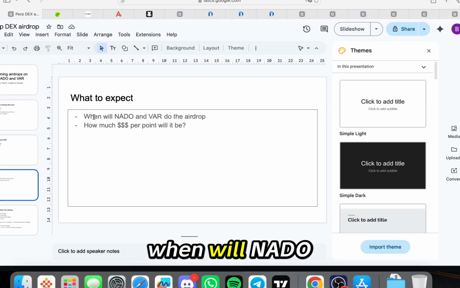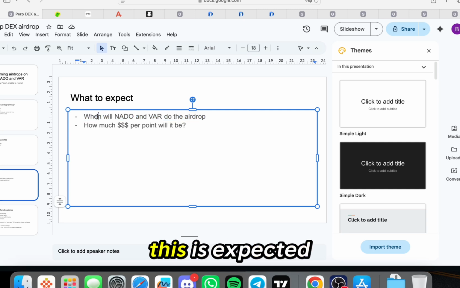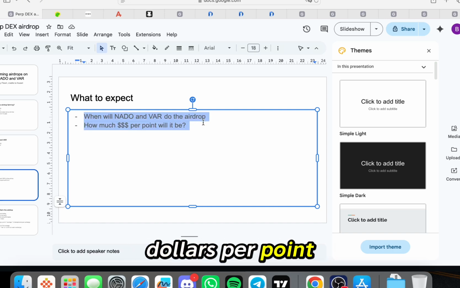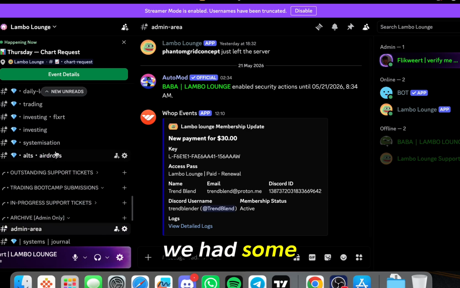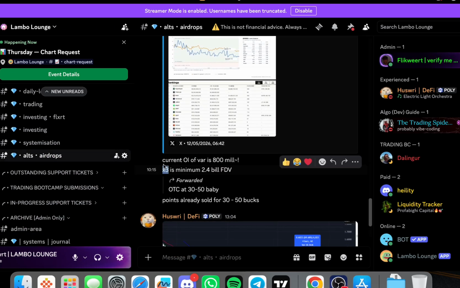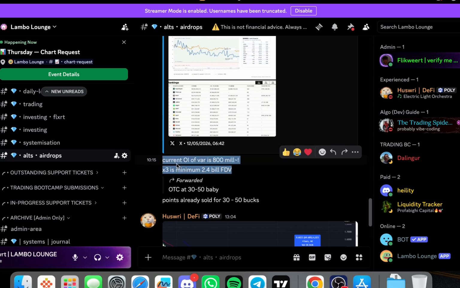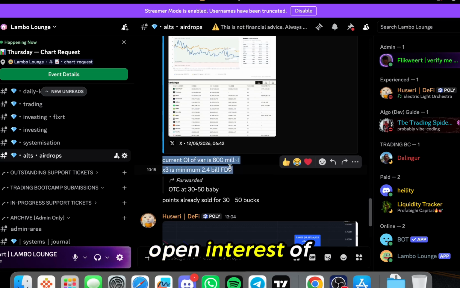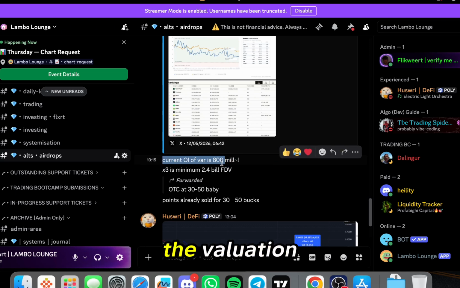What to expect? When will NATO and VAR do the airdrop? This is expected to be in the third quarter this year, so a couple of months. They will most likely be releasing the airdrop. And how much dollars per point will it be? We had some info on this from our DeFi guy. He found out that multiplying the current open interest of the exchange by 3 is most likely going to be the valuation of the entire company.